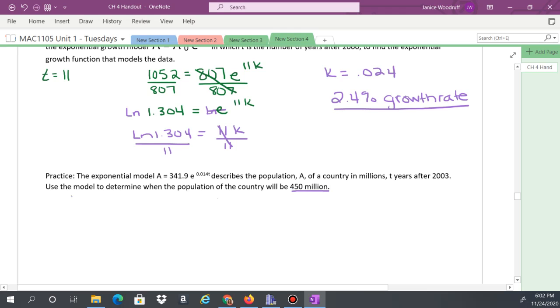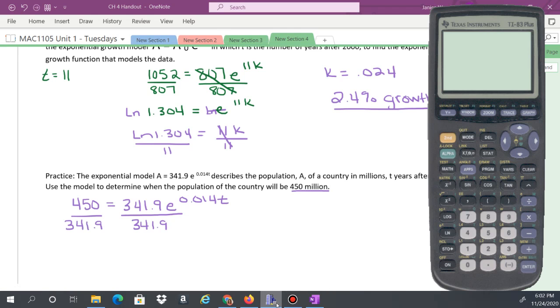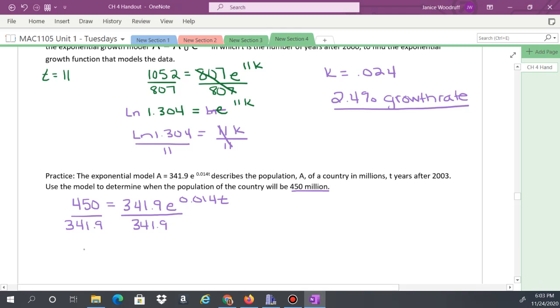So we have 450 equals 341.9 e to the 0.014 t. We will divide both sides by 341.9. That gives us 450 divided by 341.9, so 1.316.